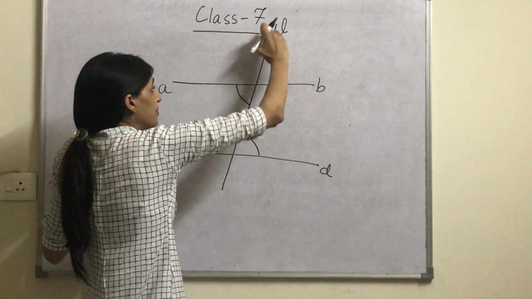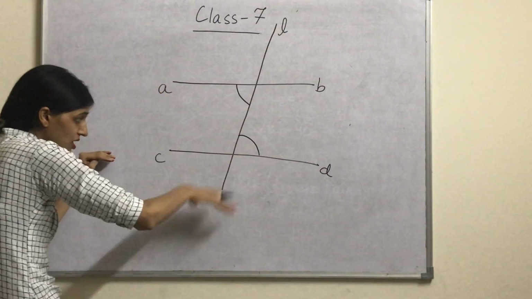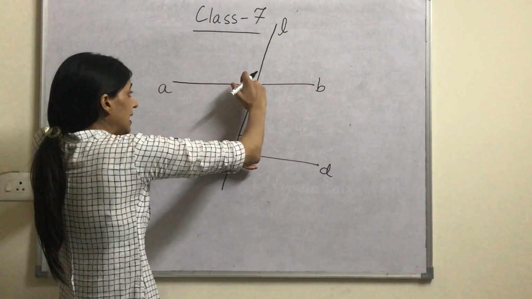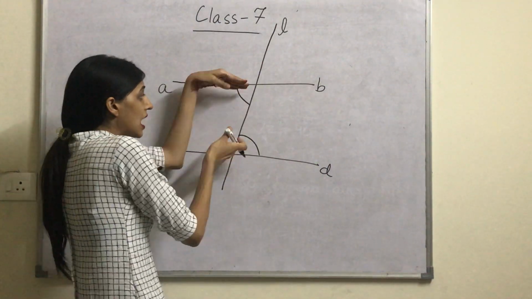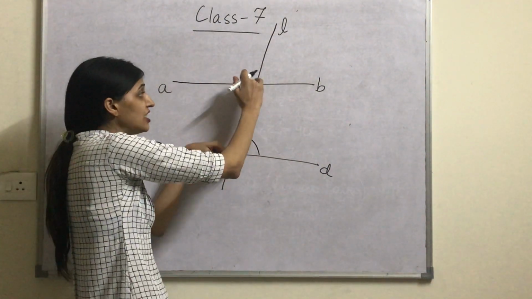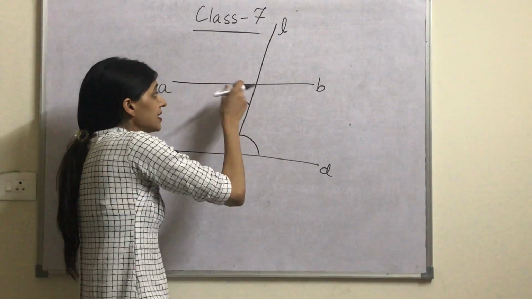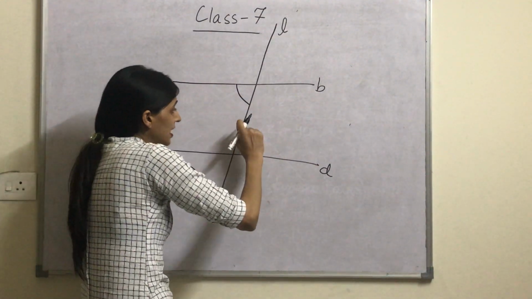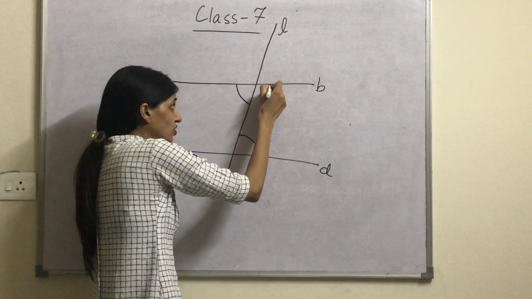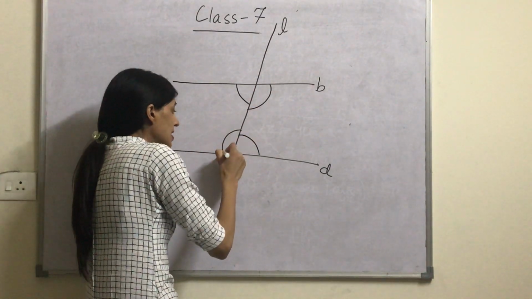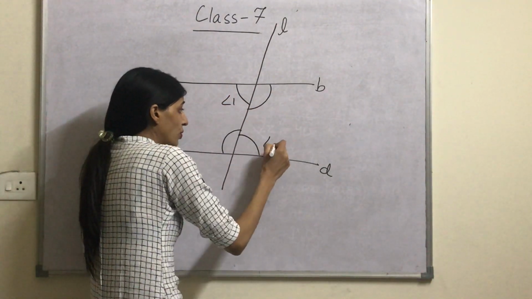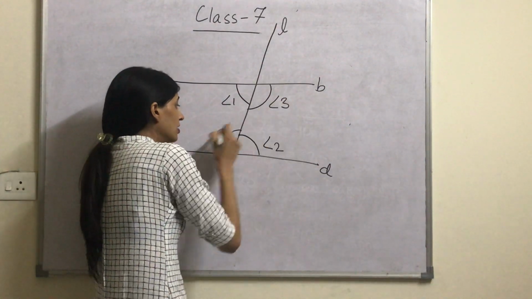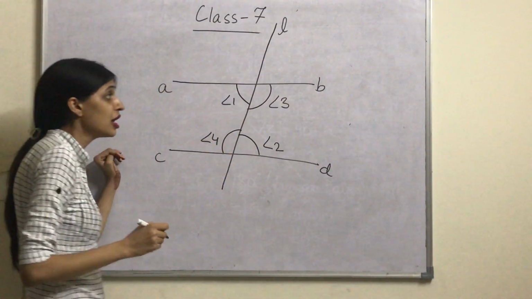This is the exterior part, this is the exterior part, and this is the interior. Interior means under. So this angle is equal to this angle, and this angle is equal to this angle. Angle 1 equals angle 2, angle 3 equals angle 4.